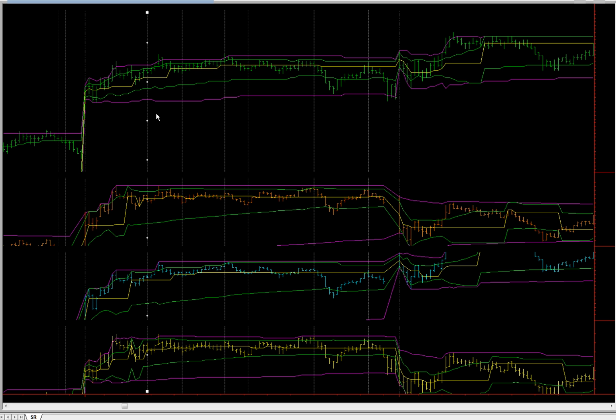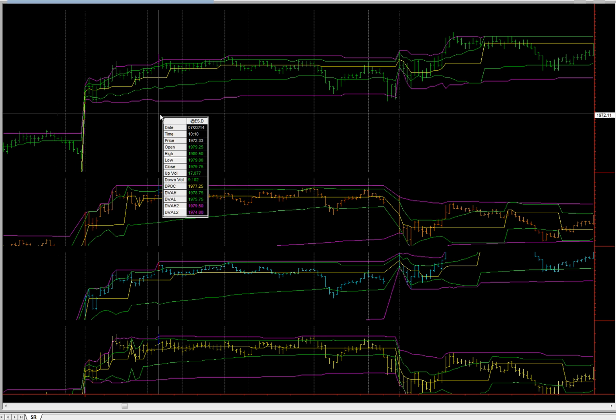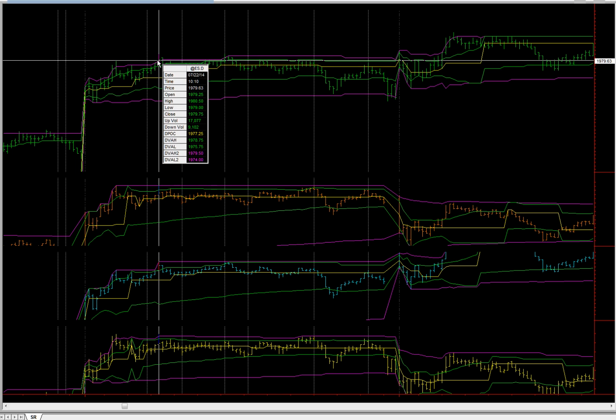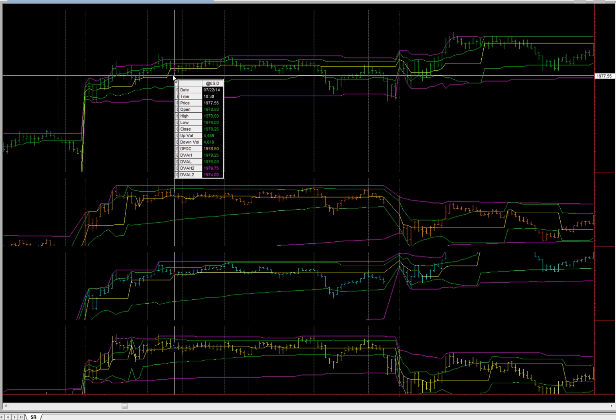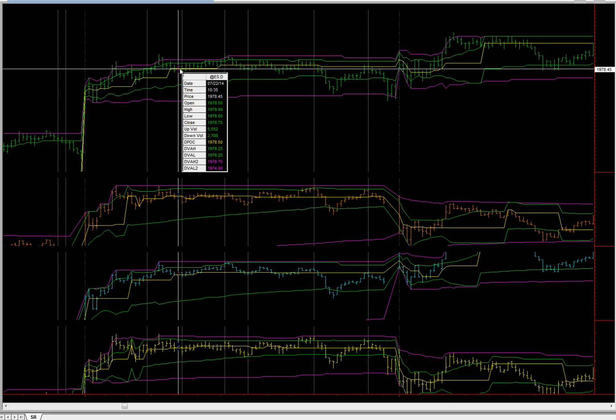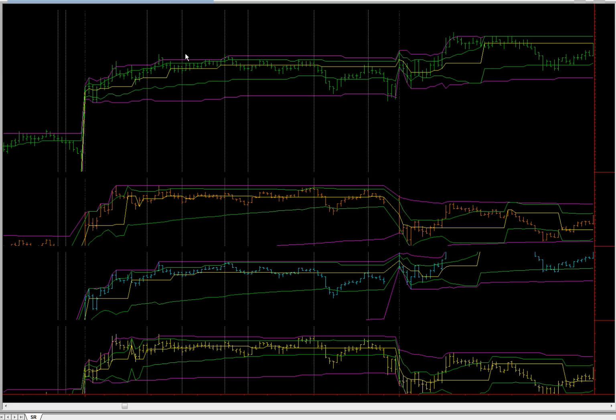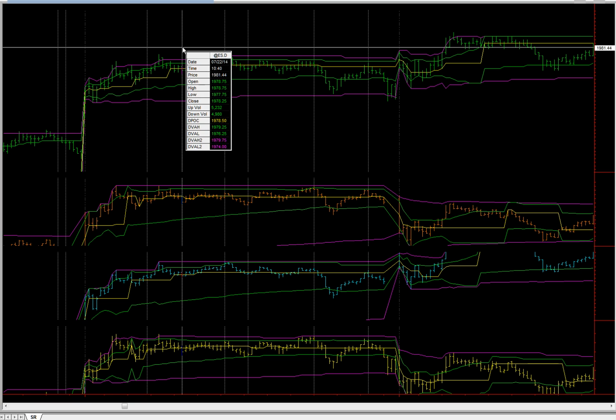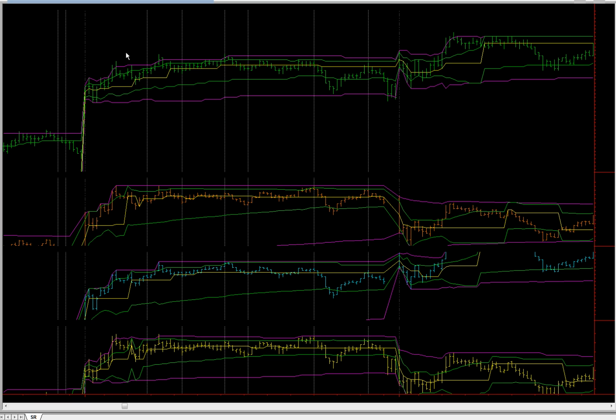And that's not to be ignored. Consider what's happened here. She's dropped from 80.5, okay, 80.5, get it in here, down to 77.75. That's a good trade.